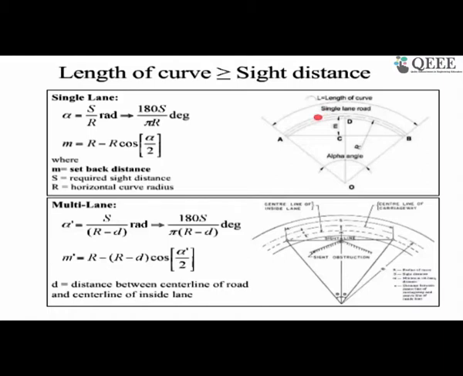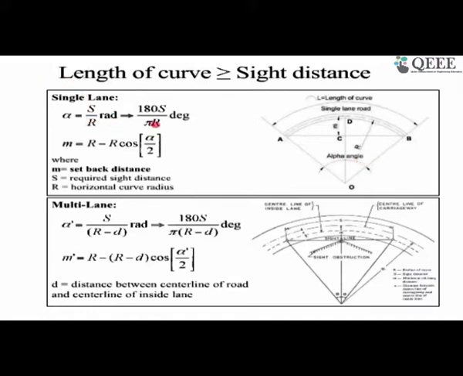We'll go one by one. There are two different situations. The first situation is when the length of the curve is more than or equal to the sight distance. Within that, there are two different situations: you have a single lane roadway or a multi-lane roadway. When the length of curve is more than or equal to sight distance, and it is single lane, this angle alpha is going to be S by R radian.